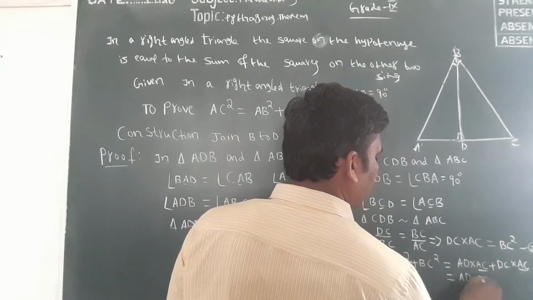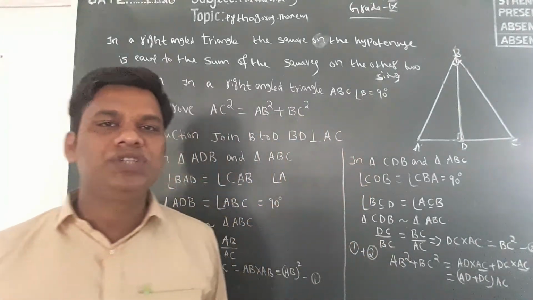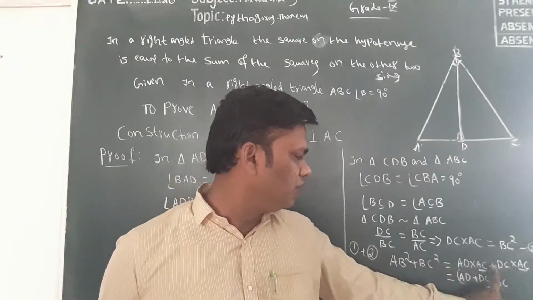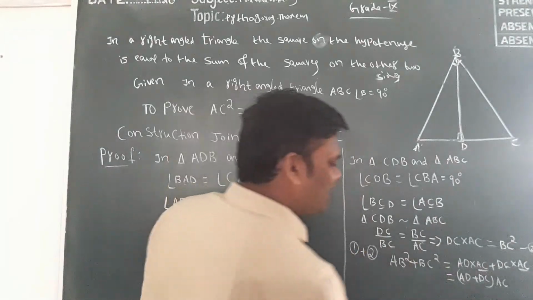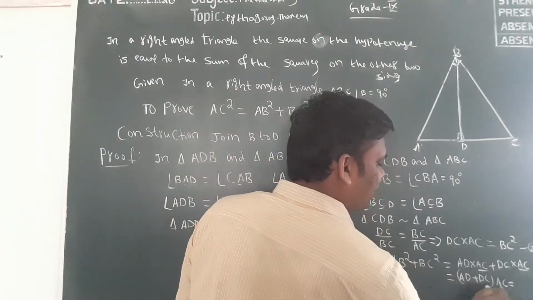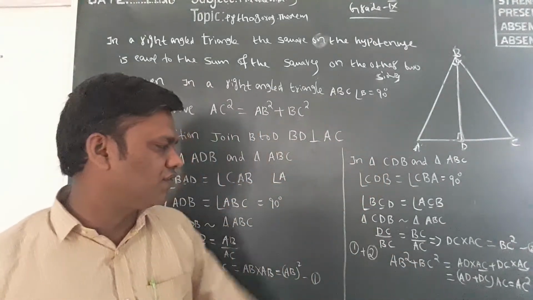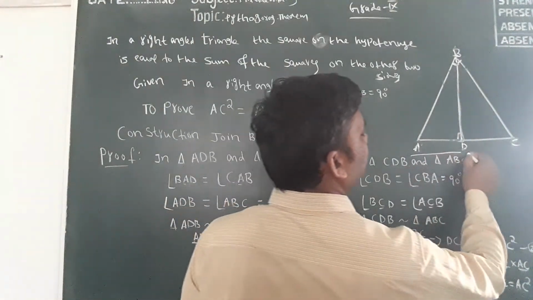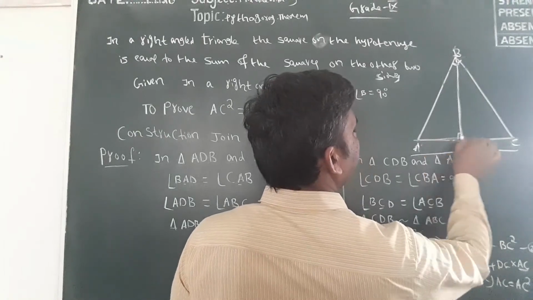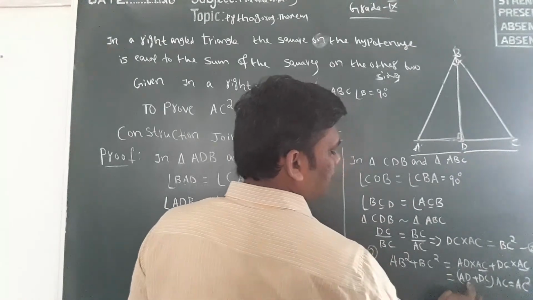So AD plus DC into AC. See, AD plus DC means AC. So AC into AC is AC square. AD plus DC is AC.